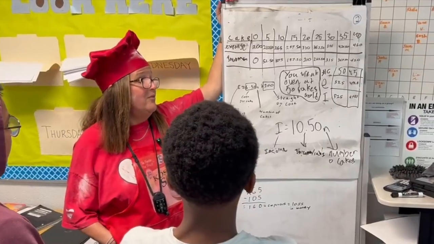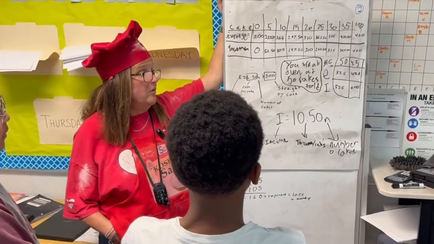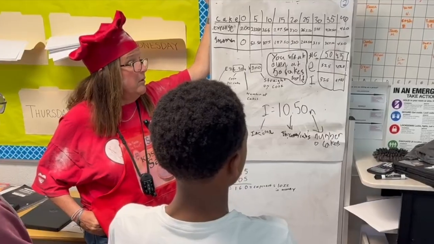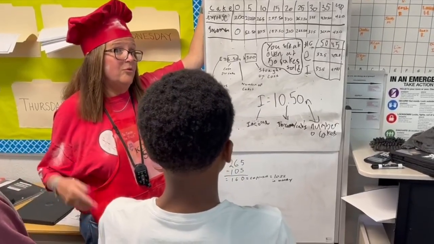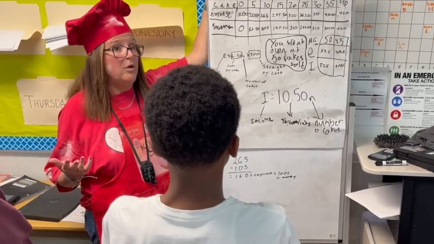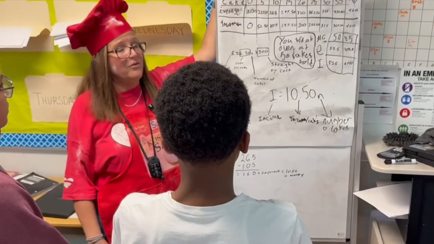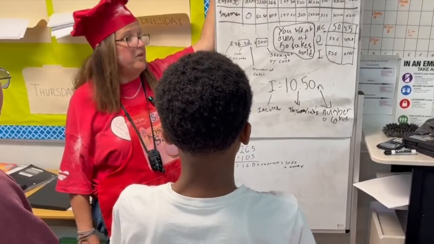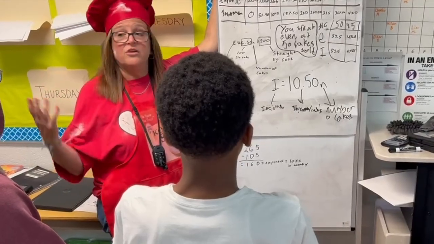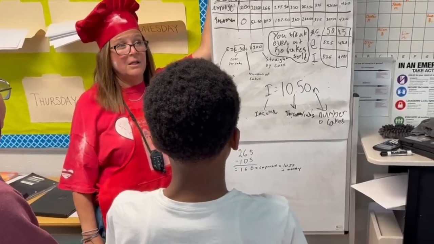And what's going to happen when I sell 50 cakes? The expenses and the income are the same. Do I make money? No. My group that was graphing, what do you think is going to start to happen to your graph at about 50? Or anyone, if you envision a graph, what should start to happen? Eli? Two lines will cross. The two lines will cross, right? That's what it means to break even.